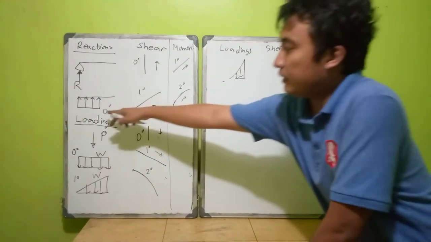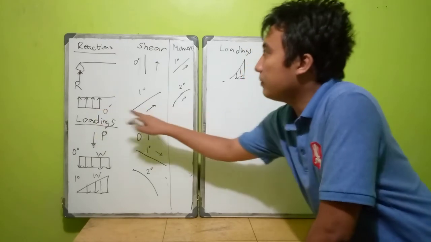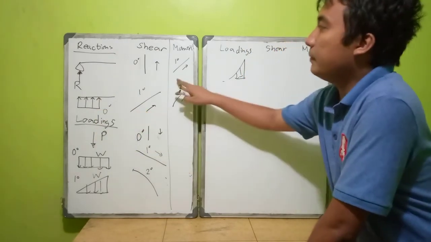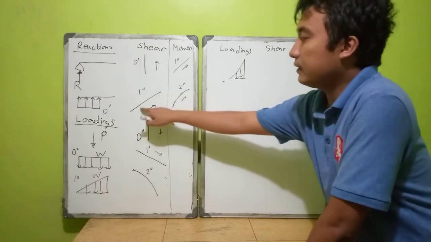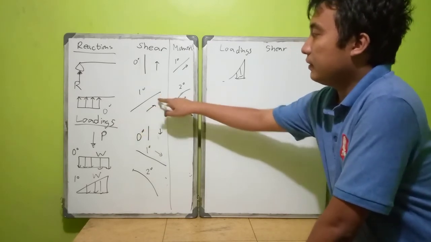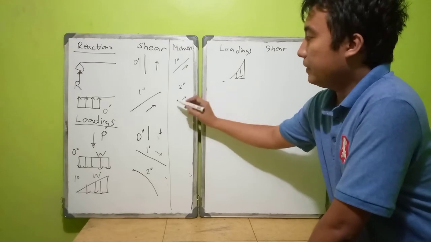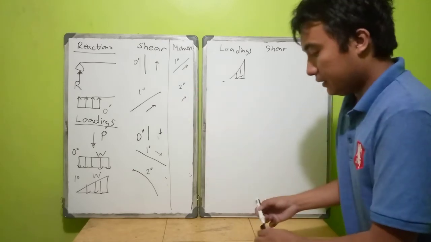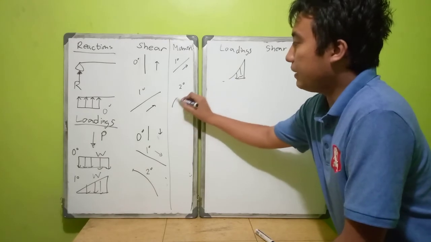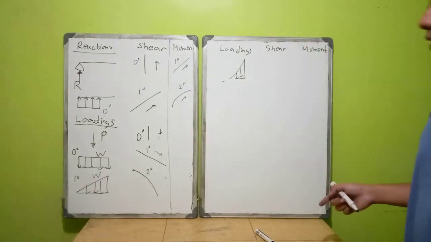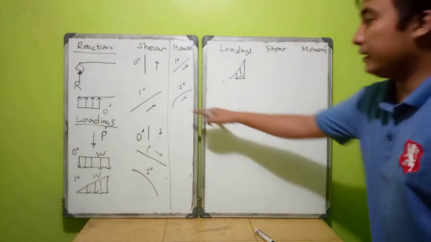Starting from your load diagram to shear, it will add 1 degree. So your 1 degree is like this, and your 2-degree curve will be like this. This is a 1-degree curve increasing, and this is a 2-degree curve, increasing also.